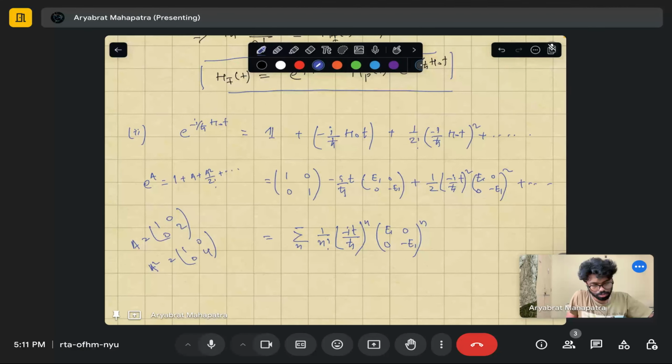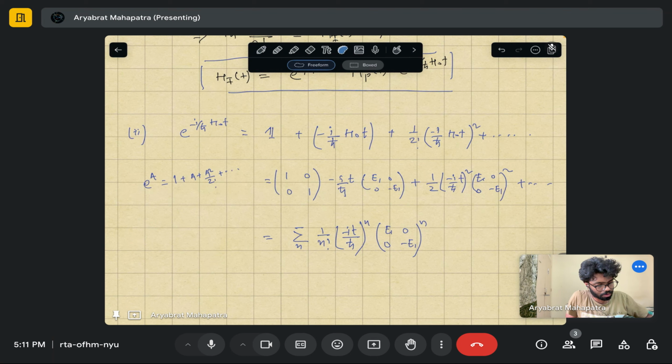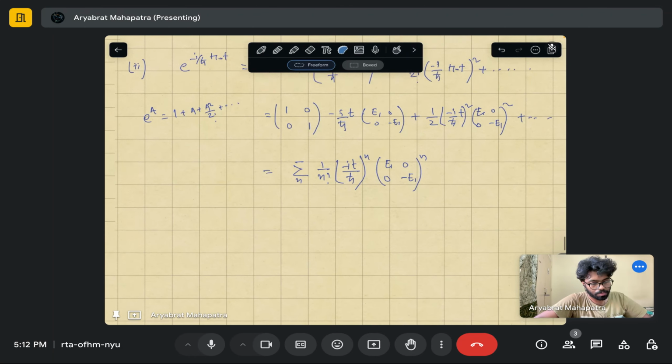That is how it works here as well. When I write e1, 0, 0, minus e1 to the power n: if n is 1, it is simply the matrix itself. If n equals 2, the matrix will be e1 squared, 0, 0, e1 squared. If it is cube, then e1 cubed, 0, 0, minus e1 cubed. That is how you get it, right.